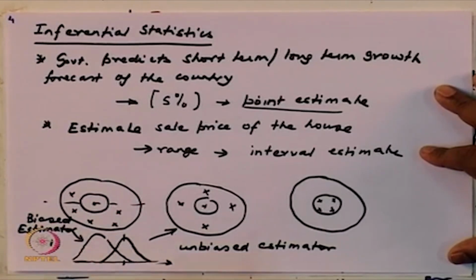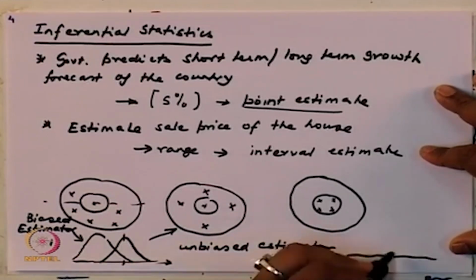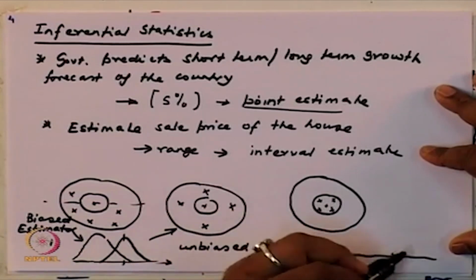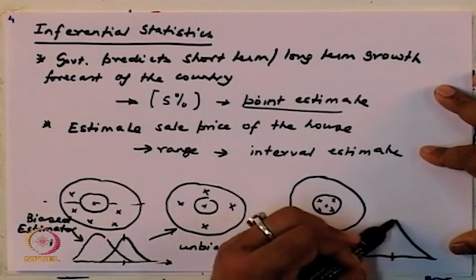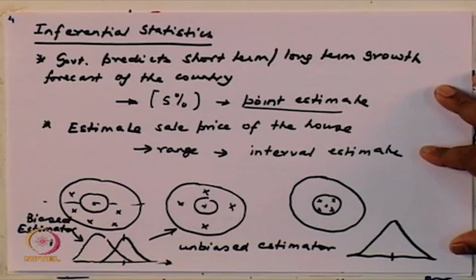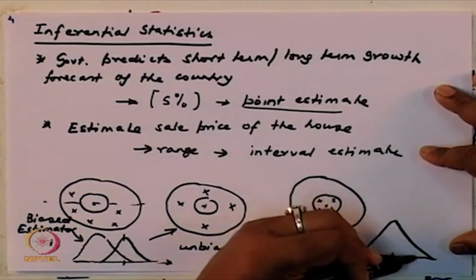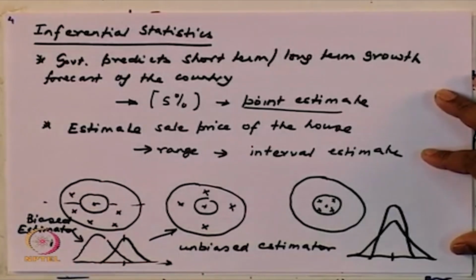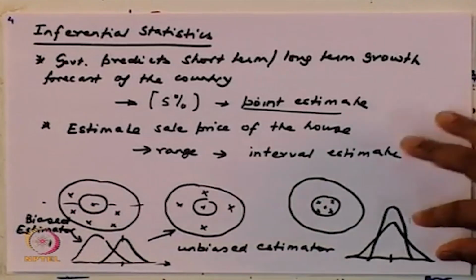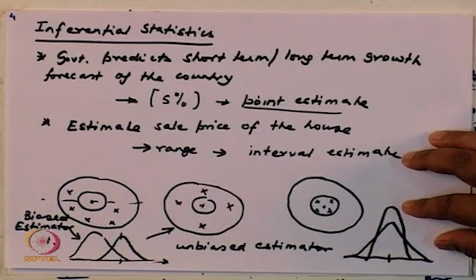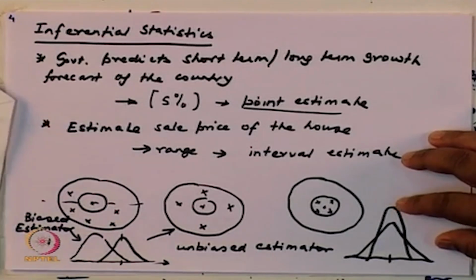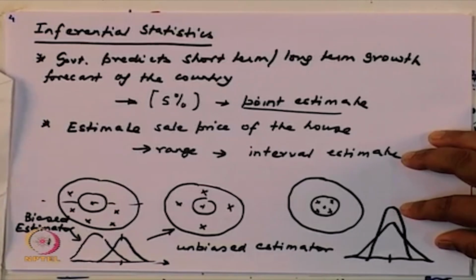Also, to compare between this and this, for both of them the true value is this. One has this as the representation and the other one has this as the representation. You can clearly see that in this case it is better, because here the variance of this estimate is lesser.